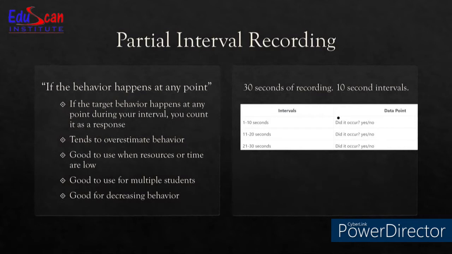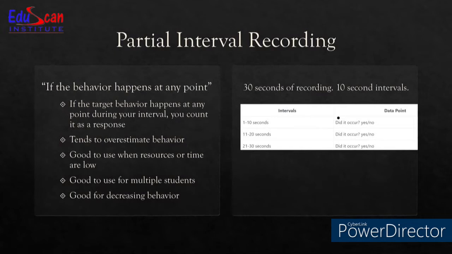And that is why we always say that everything which is discontinuous can overestimate or underestimate behavior. It's good to use when resources or time are less because you can still have some data at hand. It's good to use for multiple students and good for decreasing behavior.